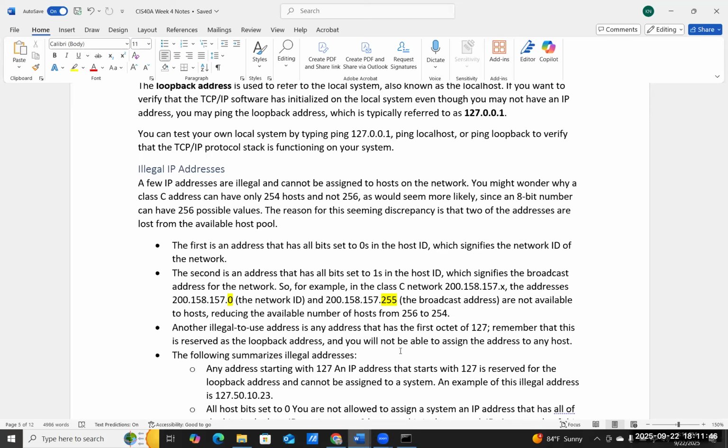We don't use 0 to give out to system. And we don't use 255 at the end. So when you look at the last octet, it cannot be 0 or 255 for the unique system, for the client systems, for the servers, right?